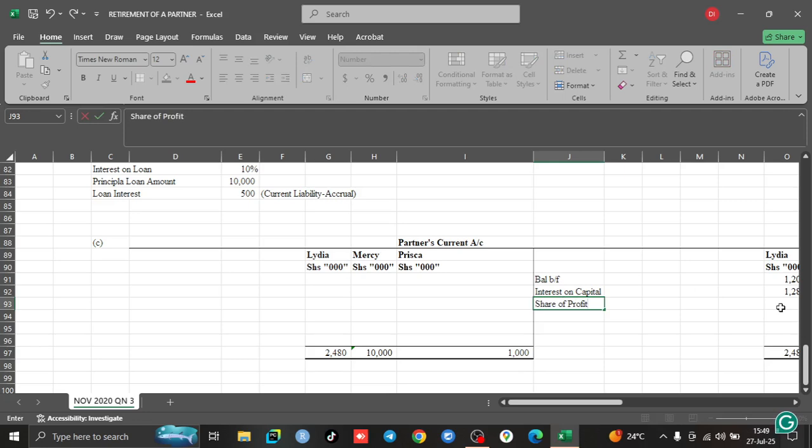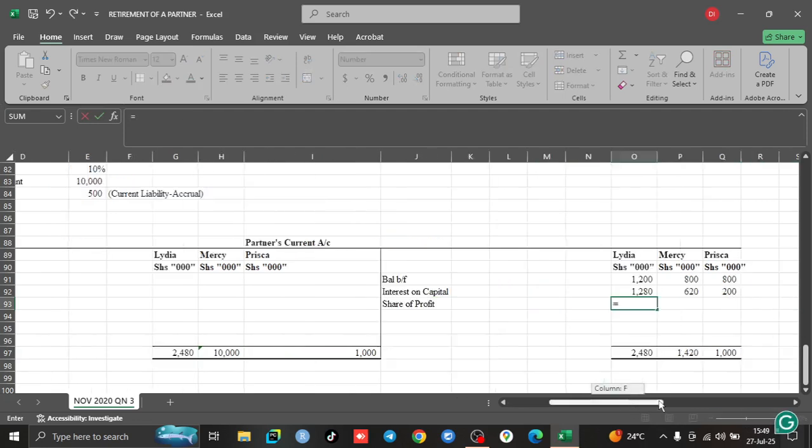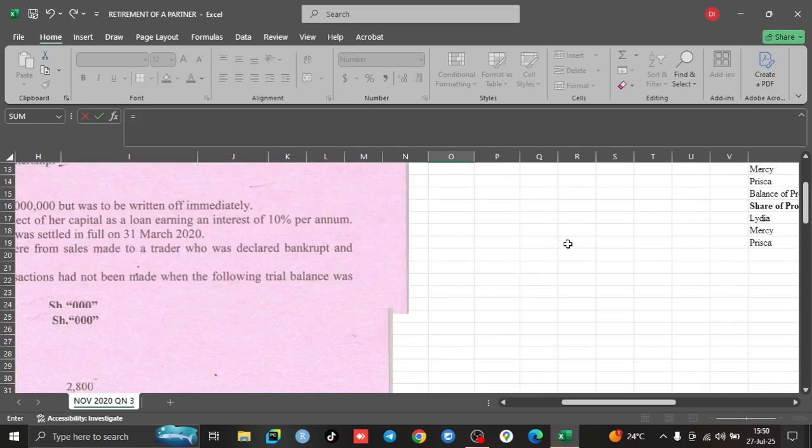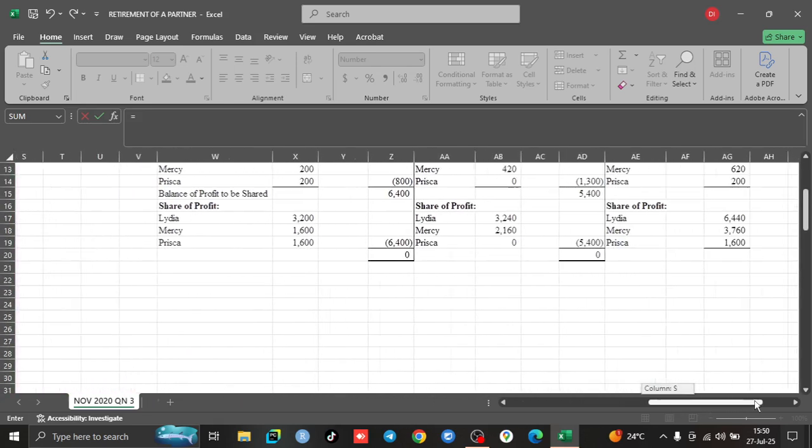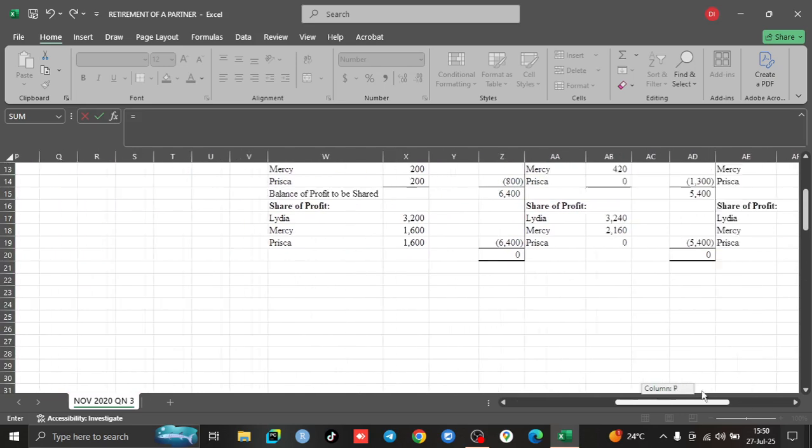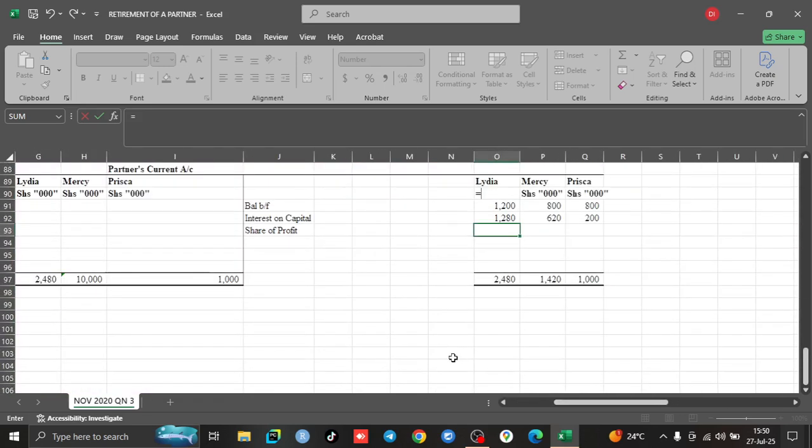For the whole year, the share of profit for the whole year. What we have is 6440, that's 760.